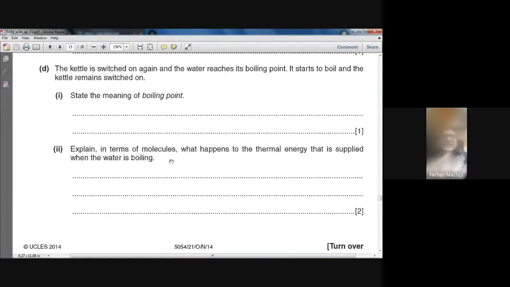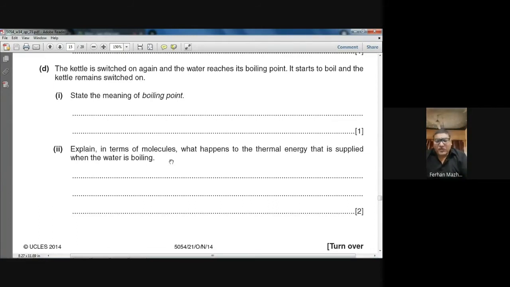The D part says, state the meaning of the boiling point. I have already told you it's the specific temperature at which a liquid will convert into gas at 1 atmospheric pressure. The second part says, explain in terms of molecules what happens to the thermal energy that is supplied when the water is boiling.